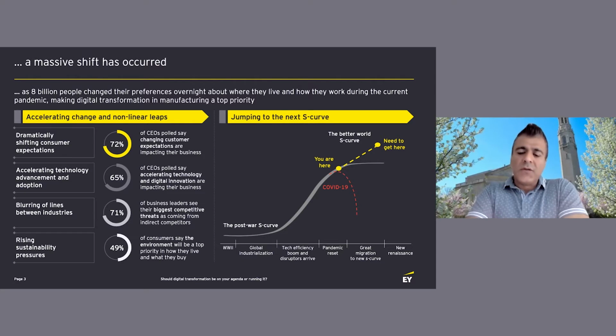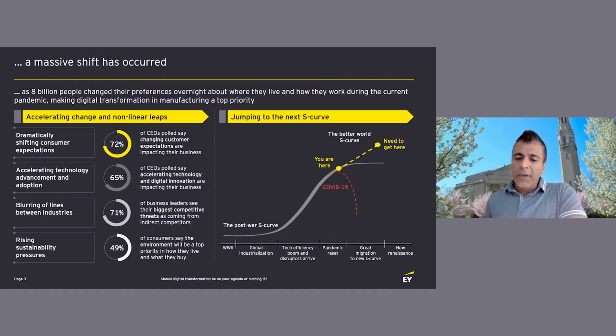What's interesting is the mega trends that we've been focused on as an industry, whether it's dramatically shifting customer expectations, accelerating technology advancement and adoption, blurring of lines between industries as we continue to see participants from outside the traditional industry boundaries disrupting 100-year-old companies. And finally, the rising pressures around sustainability, whether that's regulation, incentives, or consumer expectations, are all converging.